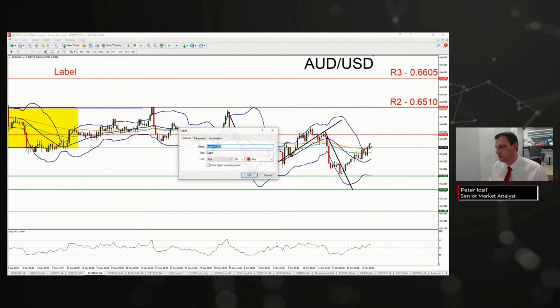No question about it, 0.64 is the first resistance line, which is key in our opinion.